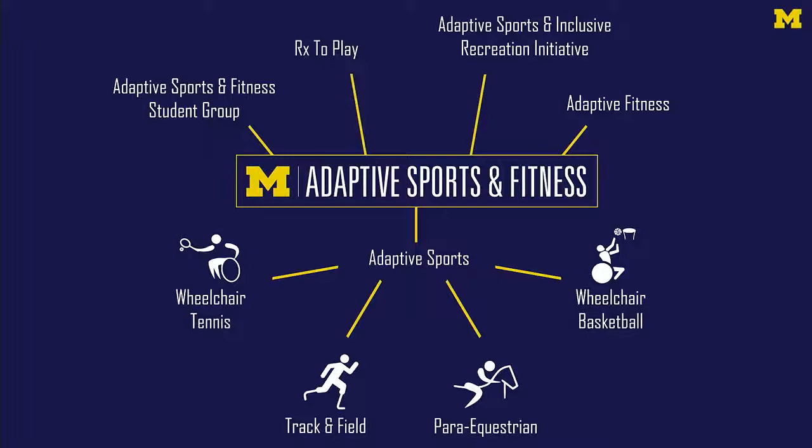Starting at the top left of the pinwheel, we have the Adaptive Sports and Fitness student group. This really taps into the knowledge and awareness aspect of what we try to do.